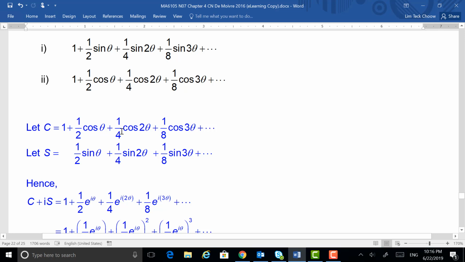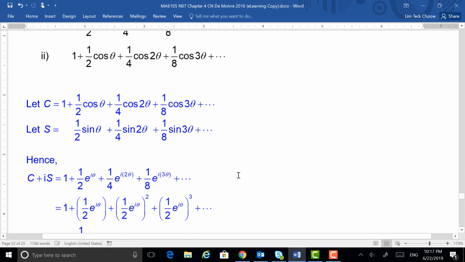Likewise, 1/4 of cos 2 theta plus i sin 2 theta will give you 1/4 e^(i2 theta). And likewise, when I add up these two together, of course, C plus iS, 1/8 this plus i of this whole chunk will give me this expression. So by writing them in this manner, you find that now I actually have a nice GP.